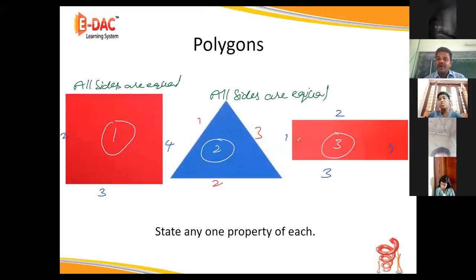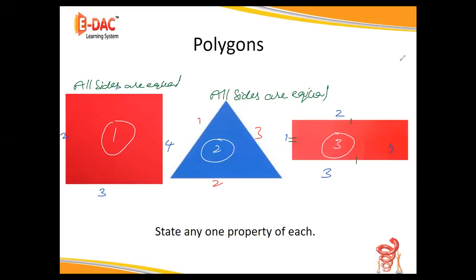And here only these two are equal, and this one and this one. And this one is equal. So opposite sides are equal. Opposite sides equal. Yes, these are the properties.